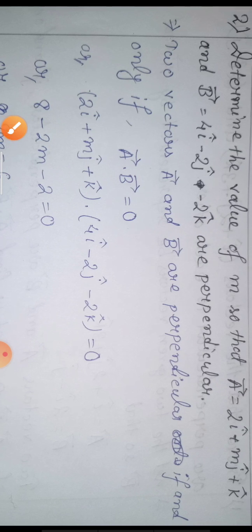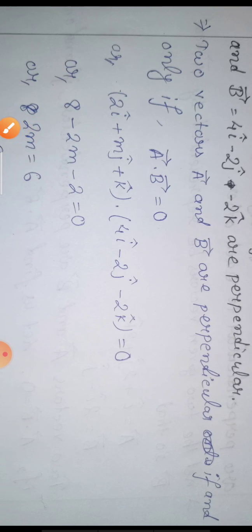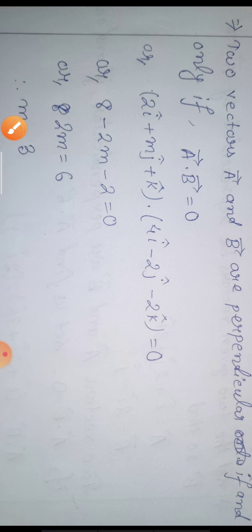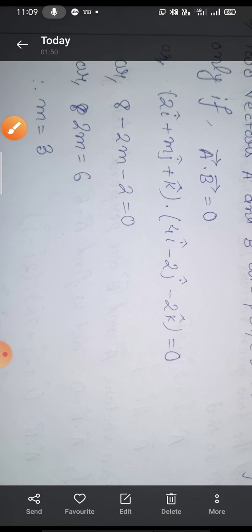So 8 minus 2 equals 6 minus 2m. If you take 2m to the other side, 2m is equal to 6, so hence m is equal to 3. So this is your final answer.